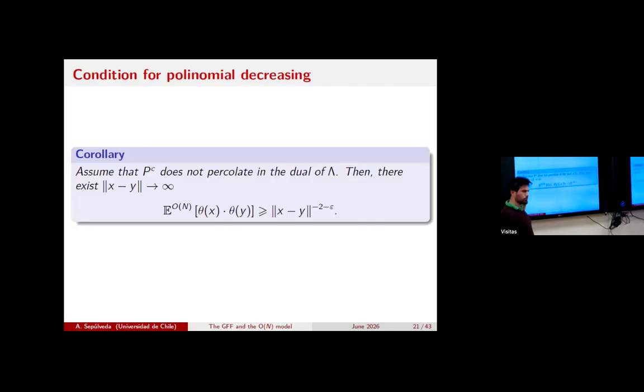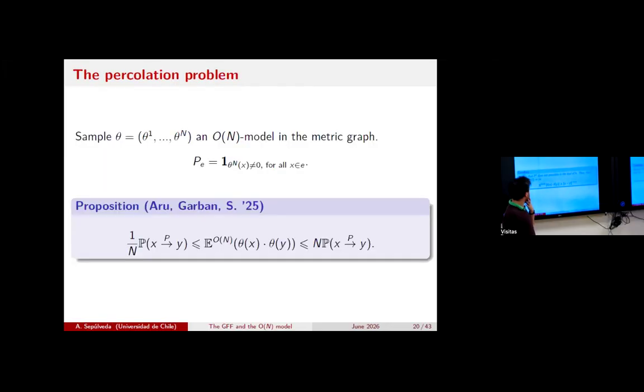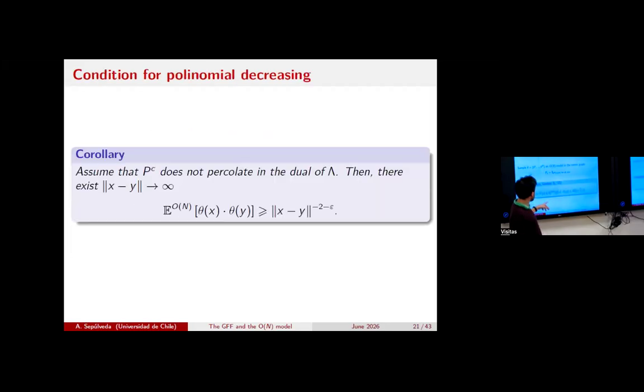I'm not going to prove this theorem, but I want to tell you why we care about this connectivity. It tells you that if P complement, the edges where I am 0, does not percolate in the dual of lambda, meaning it does not make big cycles around 0, then the two-point correlation function is polynomial.